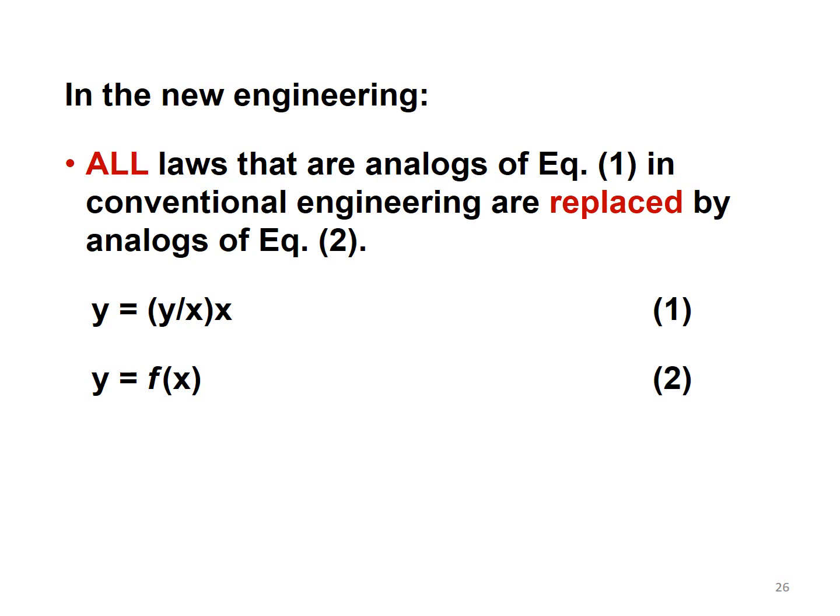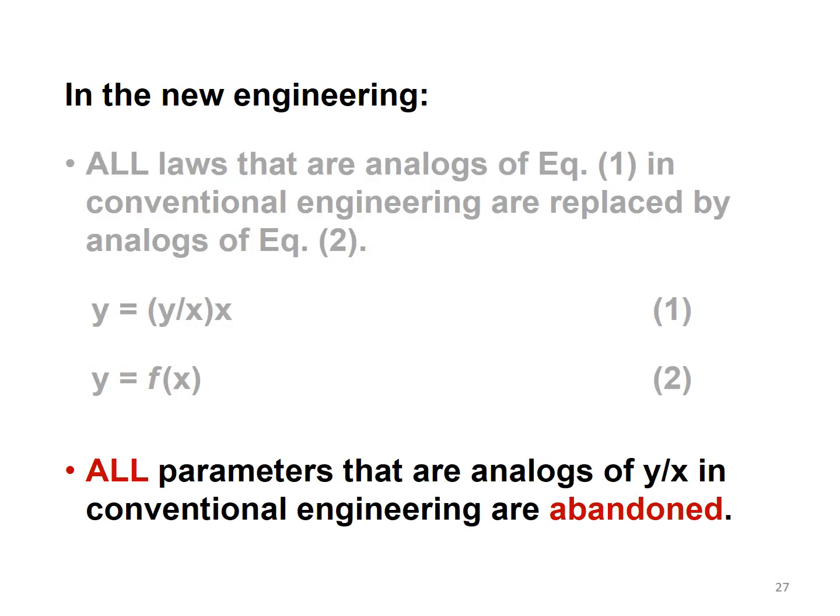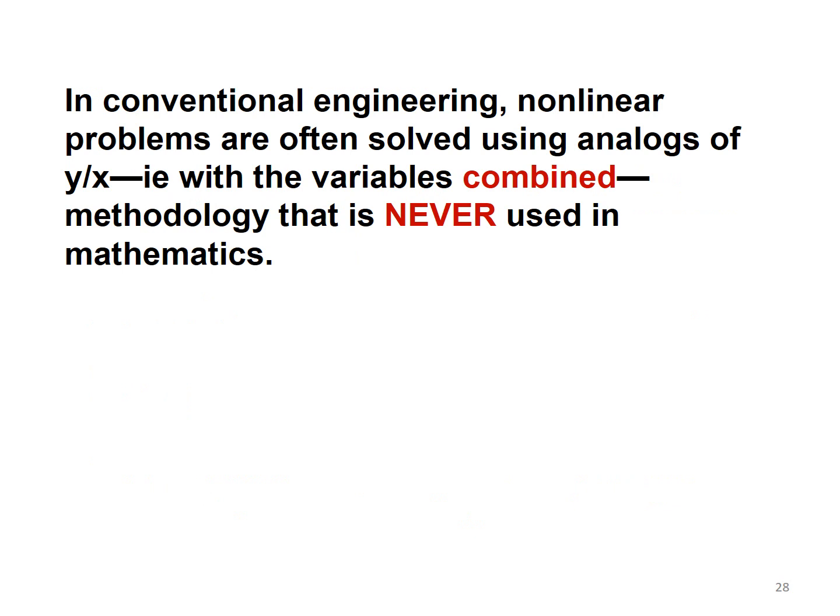In the new engineering, all laws that are analogs of equation 1 in conventional engineering are replaced by analogs of equation 2. All parameters that are analogs of y over x in conventional engineering are abandoned. In conventional engineering, nonlinear problems are often solved using analogs of y over x.